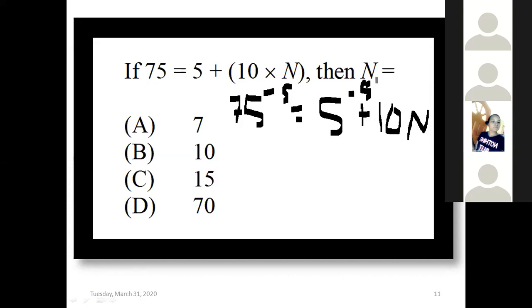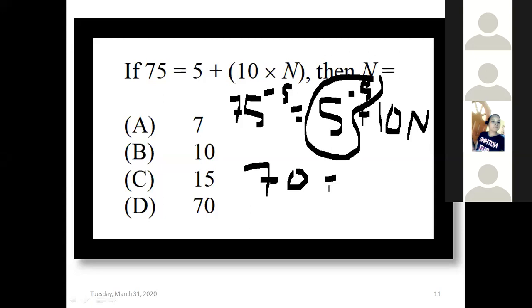All right, so 5 minus 5 gives you 0 here, and 75 minus 5 gives you 70. 70 is equal to 10n. You just divide everything by 10 now, and that's how we get n equal to 7.